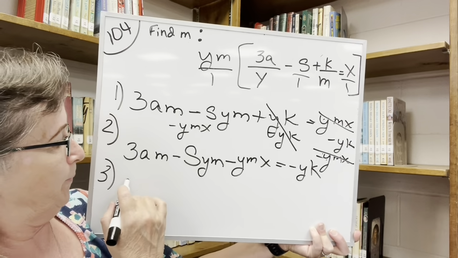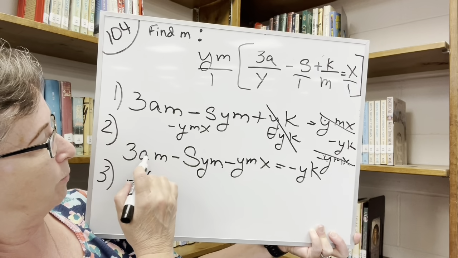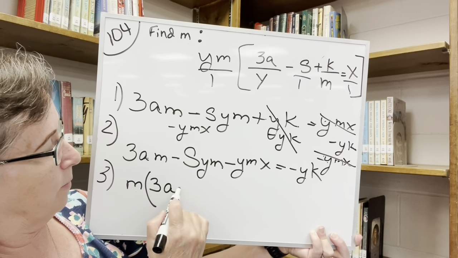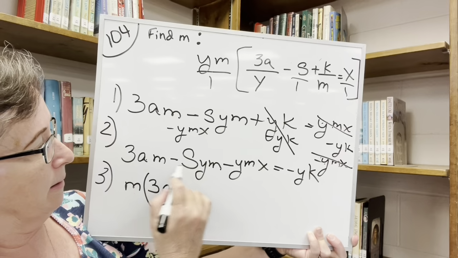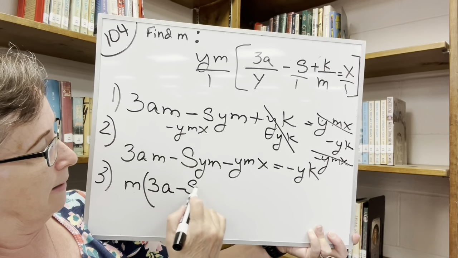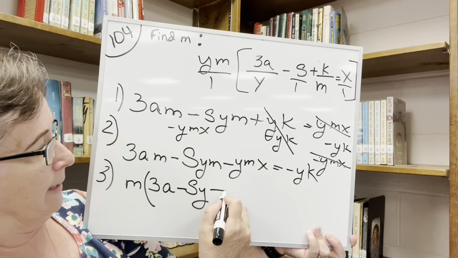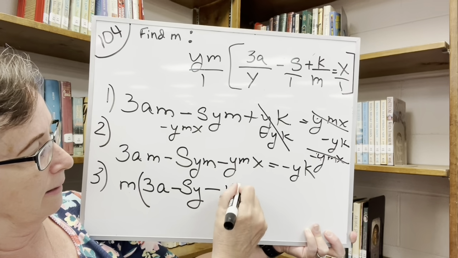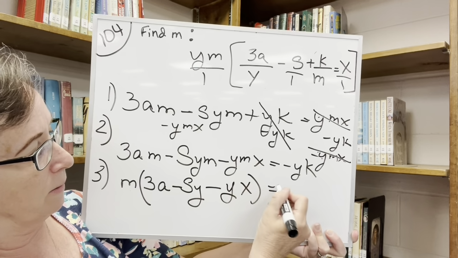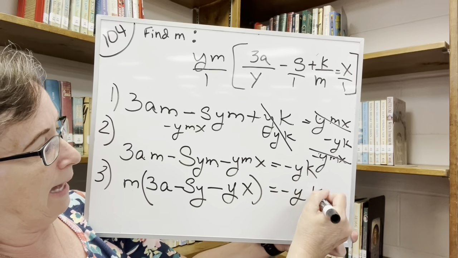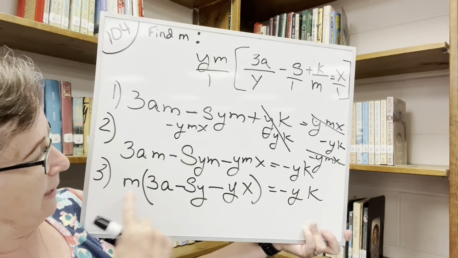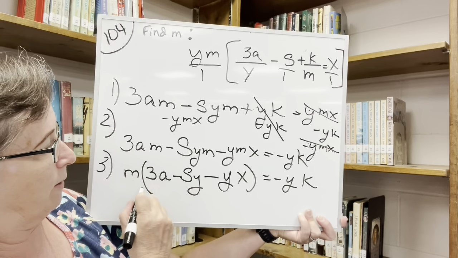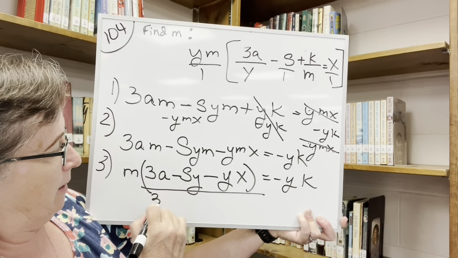So m, and I get 3a minus sy minus yx equals negative yk.